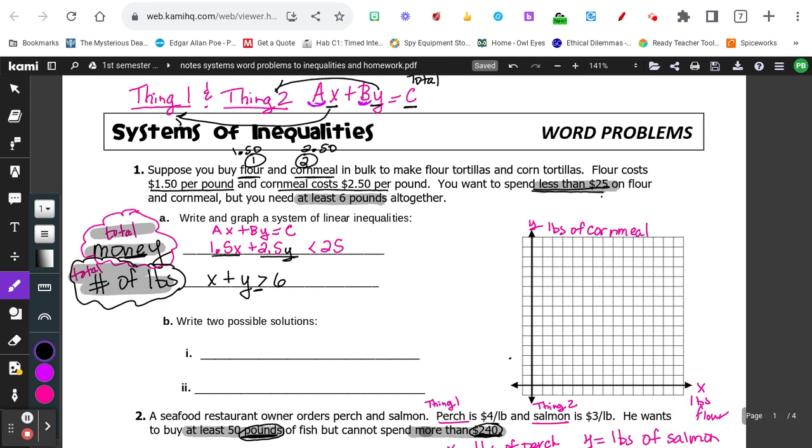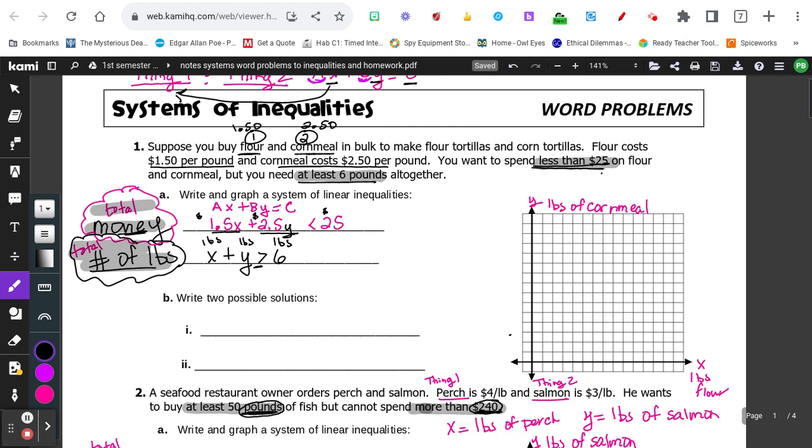But since it's money, the $1.50 per pound of flour plus the $2.50 per pound of cornmeal should be less than $25. So this is dealing with money. And this, the total number of pounds, needs to be at least 6. So this is dealing with pounds of flour, pounds of cornmeal, total pounds all together.